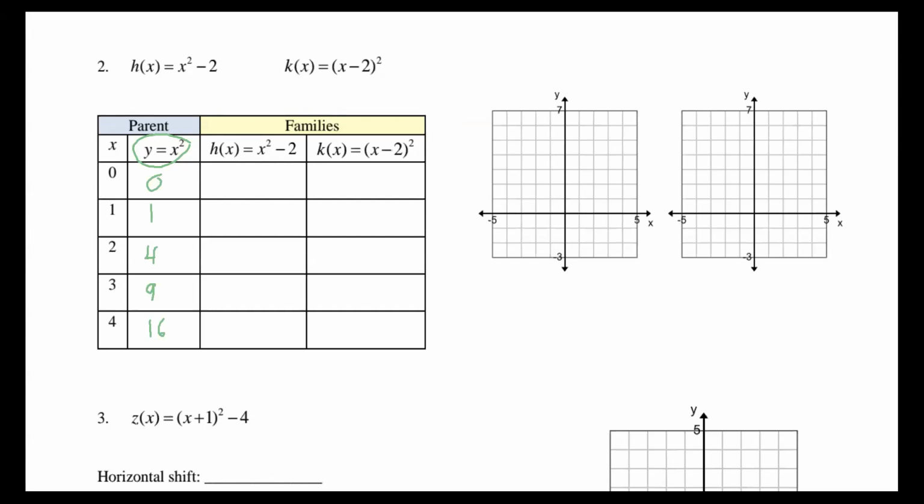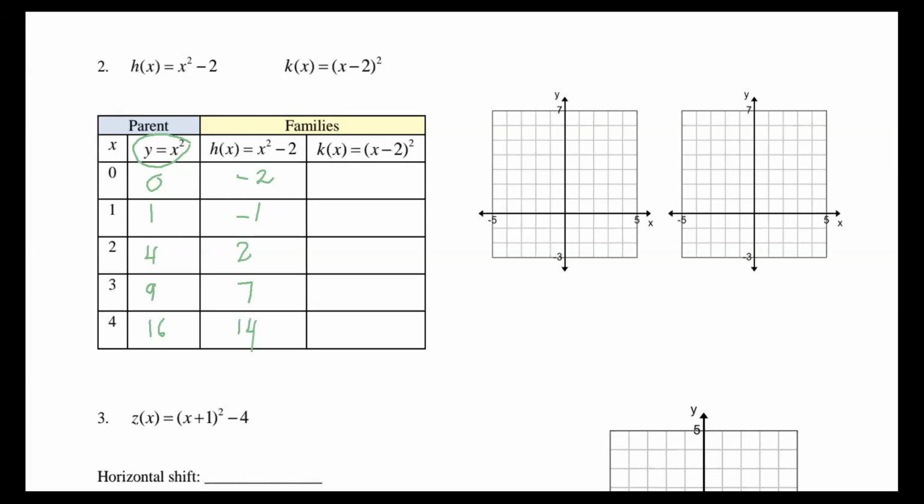And 0 minus 2 is negative 2, 1 minus 2 is negative 1, 2 minus 2 is 0. And 9 minus 2 is 7, and then 16 minus 2 is 14.